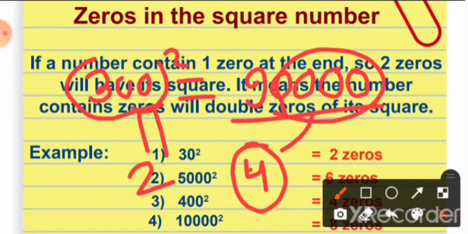It means if any number is given and its number of zeros is n, then the number of zeros in its square is 2n. If any number has one zero at the end, then when we square it, its number of zeros will be double.